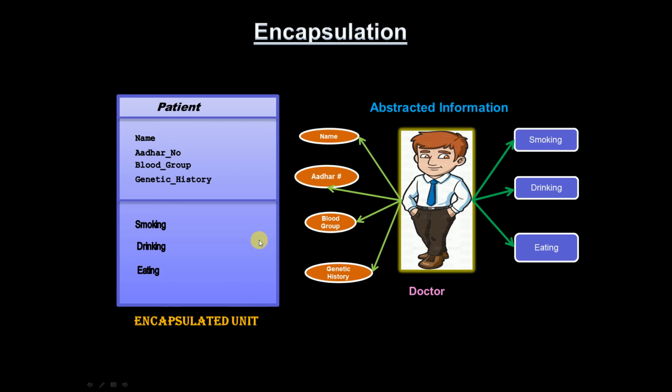Abstraction is theoretical work, and after the theoretical work we implement it technically. So we can call the encapsulated unit the technical implementation of abstraction. How can we define encapsulation? Encapsulation can be defined as the technical implementation of abstraction.